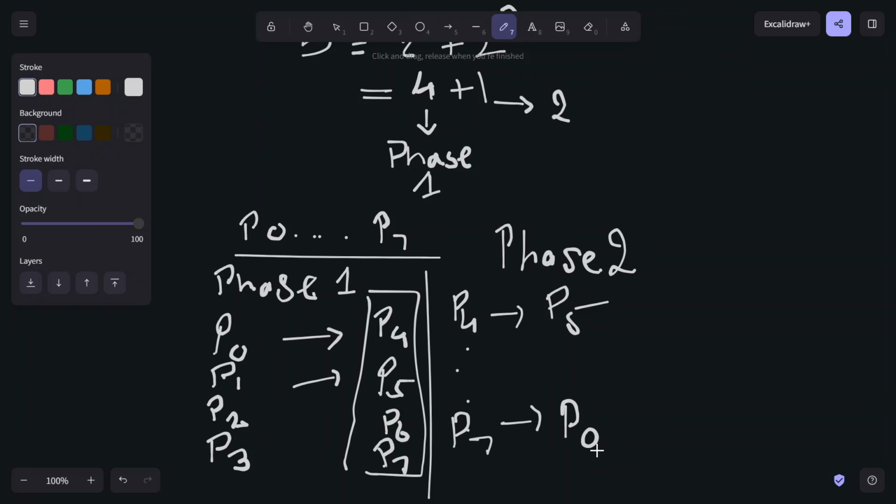This is what circular shift on hypercube suggests, where processors communicate dimension-wise and the shift Q is converted into binary representation, and we find out the number of phases. So in this case, 2 phases are required for the shift.